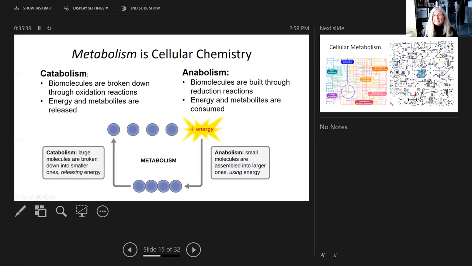So in this case, energy and metabolites are being consumed, and when you pair anabolism with catabolism, you can see that this becomes cyclical. As long as there is a supply of metabolites and energy, you can make biomolecules. As long as there are biomolecules, you can make metabolites and energy. And that's how cells function.